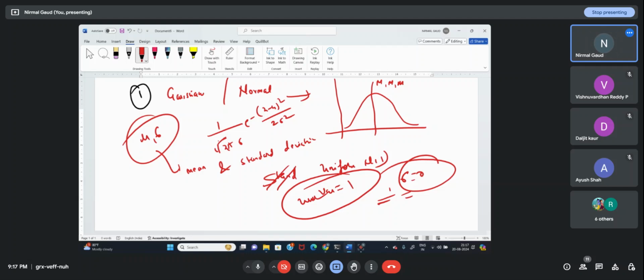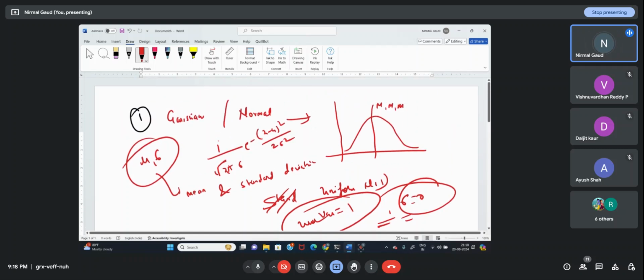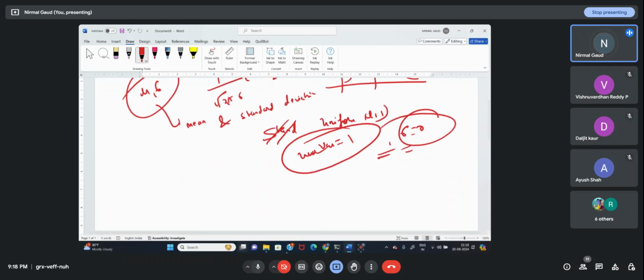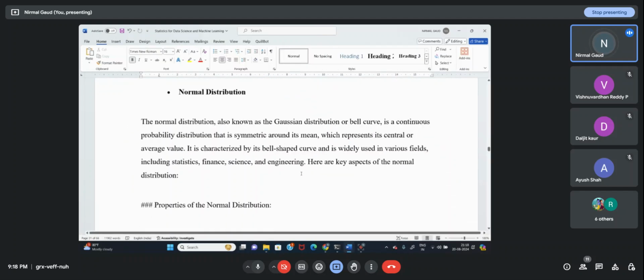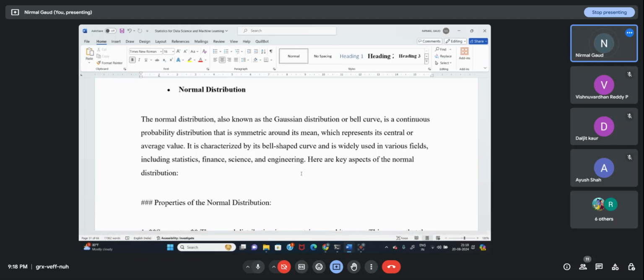So whenever we are having a continuous distribution, we do expect that data should be normally distributed, yeah, Gaussian distributed. Okay, so I am having the complete notes for that normal distribution. It is also known as Gaussian, so please don't get confused. Normal and Gaussian both are the same name.